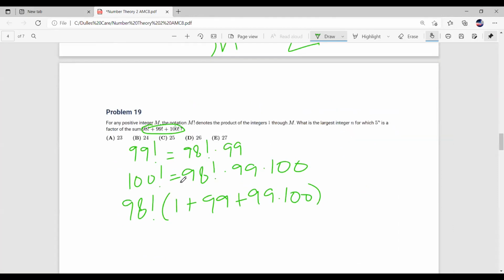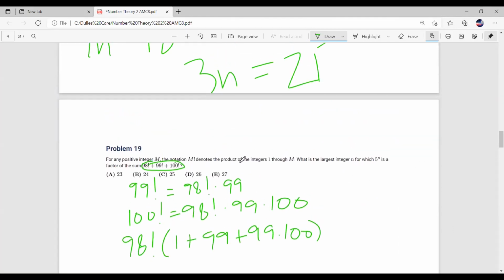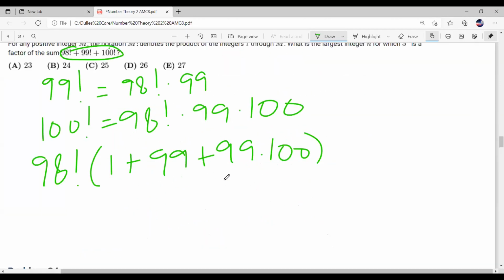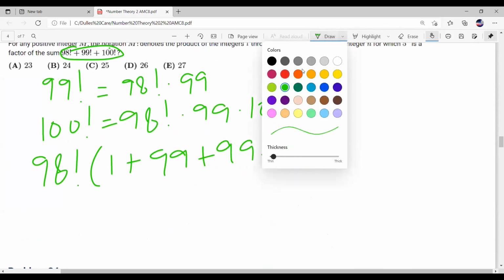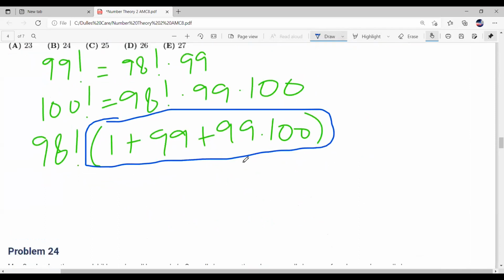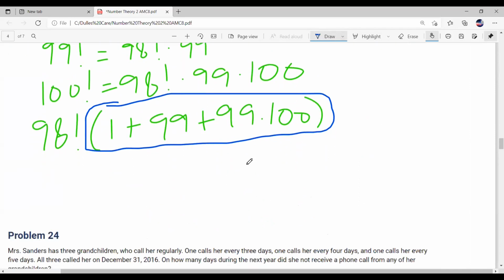Okay. So then what is the largest n for which 5 to the n is a factor of the sum? First, let's find this part. Let me change colors to blue. Let's find how many factors of 5 can be divided here. What's 1 plus 99 plus 99 times 100? So we basically get 100 plus 99 times 100.